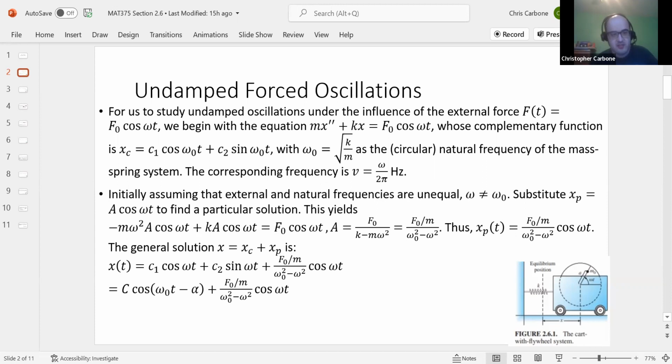Initially assuming the external and natural frequencies are unequal, so omega is not the same as omega sub 0, we would substitute x sub p is equal to a cosine of omega t to find a particular solution.